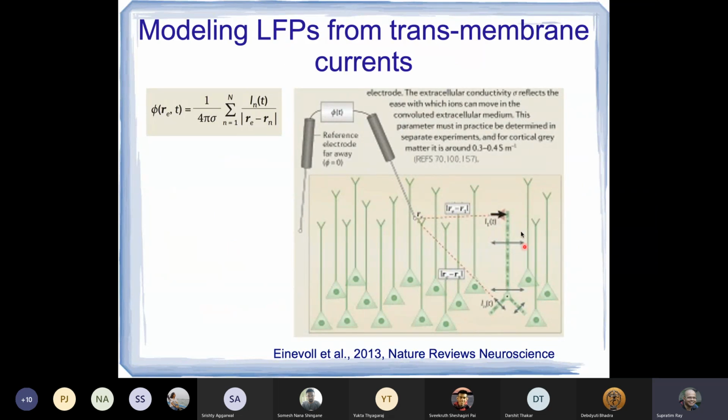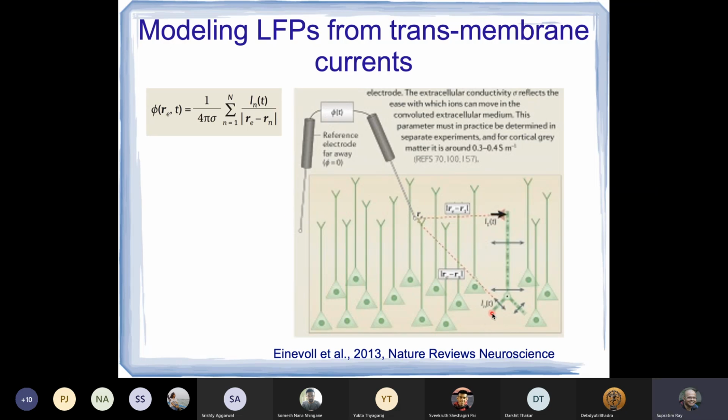But the currents are going in and out from different regions, so the denominator comes into the picture. Because the denominators are different, that is why the sum here is non-zero. For this to happen, you need a long cell. The pyramidal cells actually contribute more extracellular potential than, let's say, the inhibitory interneurons that are smaller in size, because their currents are all very close to each other.